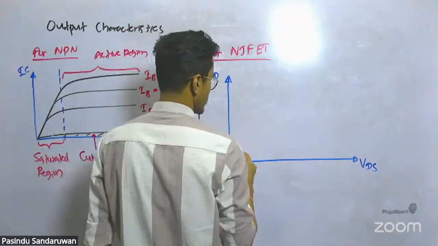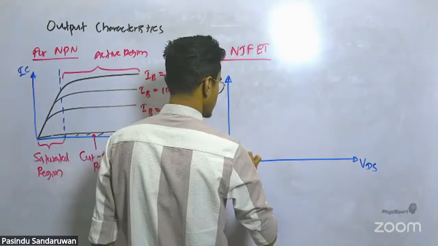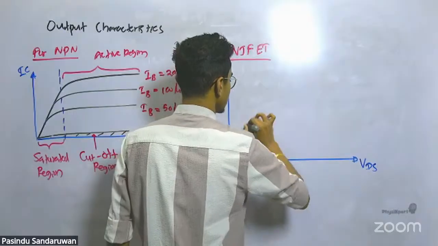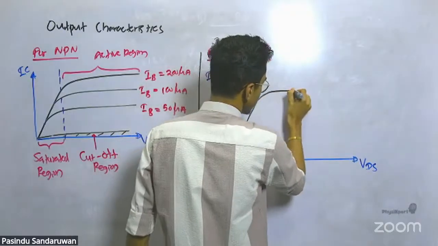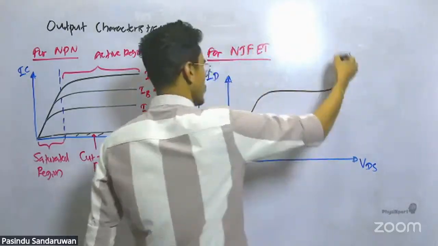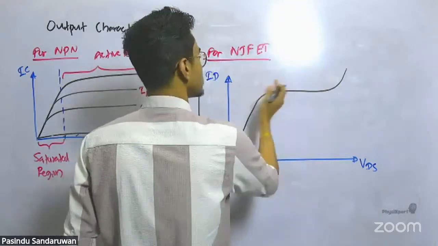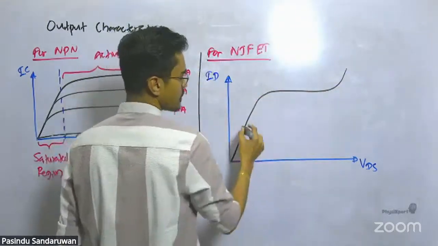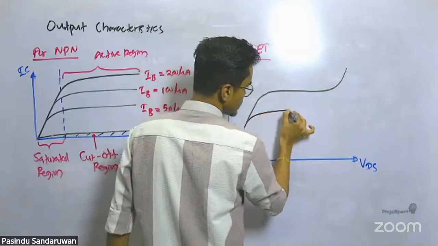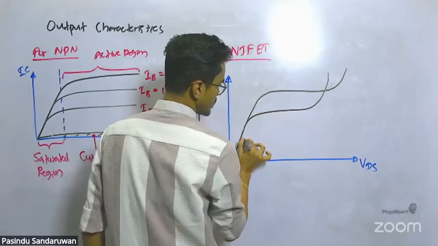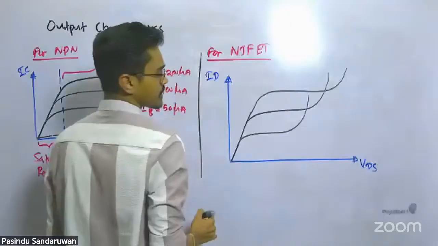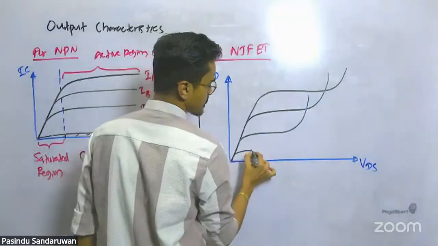This has a unique shape. This part is linear and then deviates, then goes into a breakdown region. The other curves are also deviated like this.